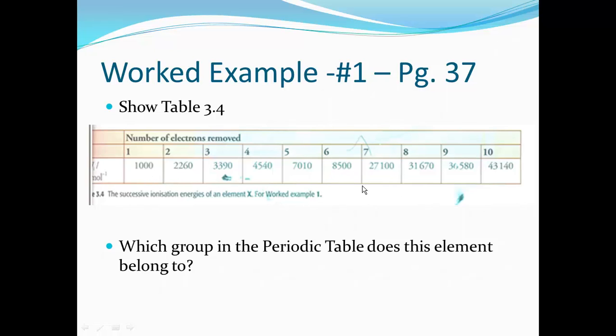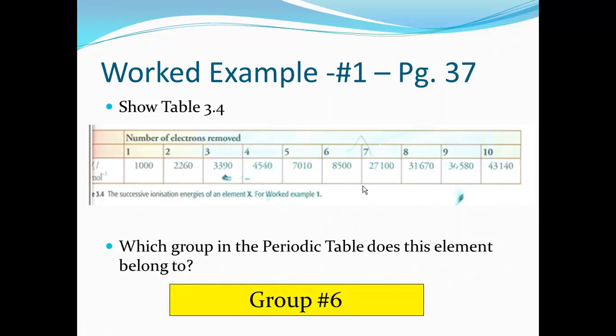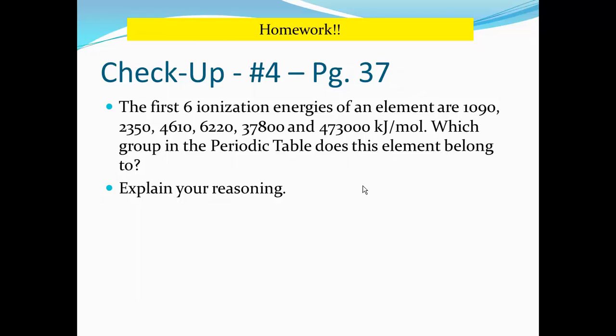So you see there's a big jump between 6 and 7. So that means it took 6 electrons to remove to get to an inner shell. So that means it would be group 6, which would be the oxygen group. Couldn't be oxygen because oxygen only has 8 electrons. So it could be sulfur or something like that.